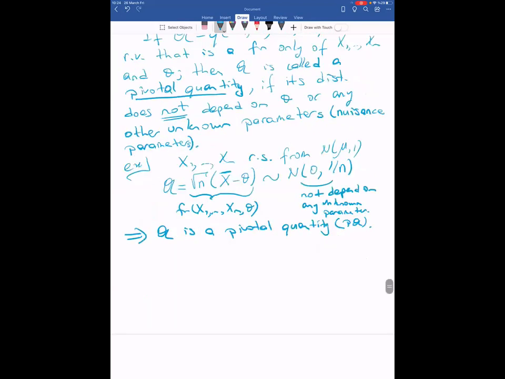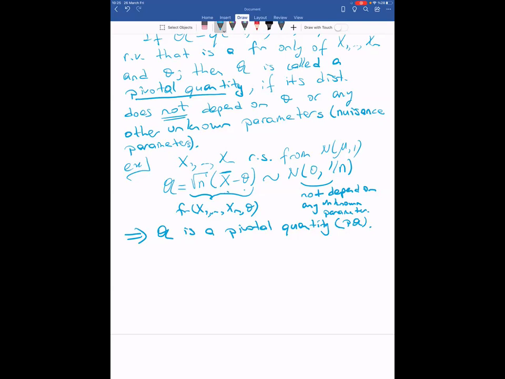Okay, so we have a basic theorem, and we will use this theorem to generate confidence intervals using pivotal quantities. Basically, this theorem tells us that when we have certain statistics, and we know that we have a location or scale or location scale type distribution, how we find the pivotal quantities. So as you can see here, if we have a pivotal quantity, we can easily derive confidence intervals, because we will have a quantity which is a function of both statistic and parameters, and this distribution does not depend on any parameter.